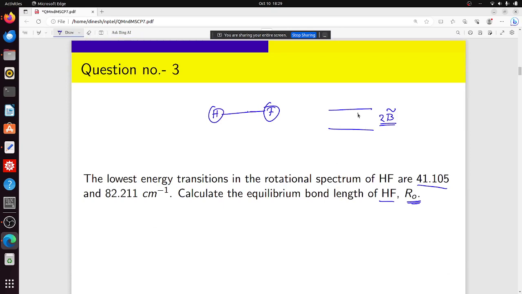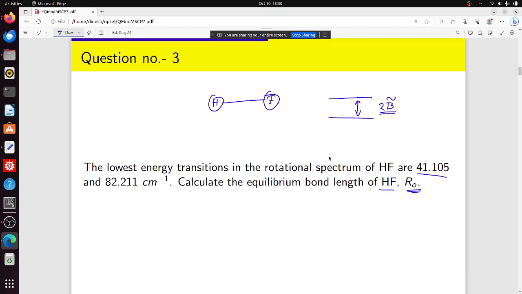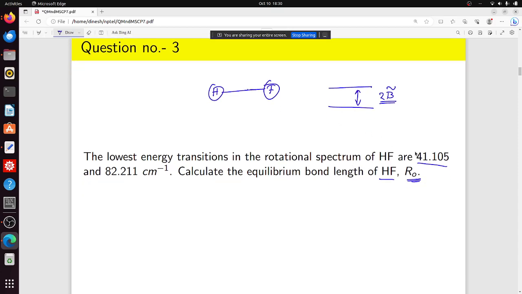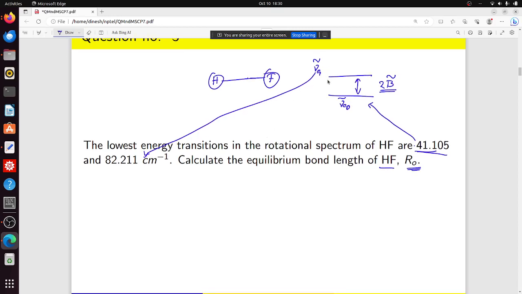Now the wave number in ground state, let's say this E0, is given this much, and the wave number in excited state is given this much.